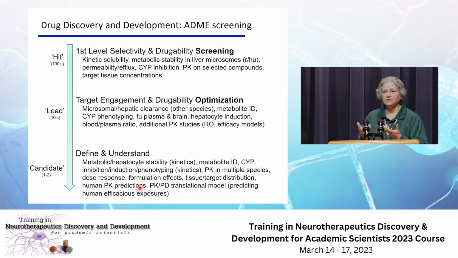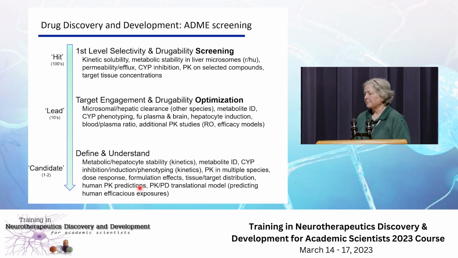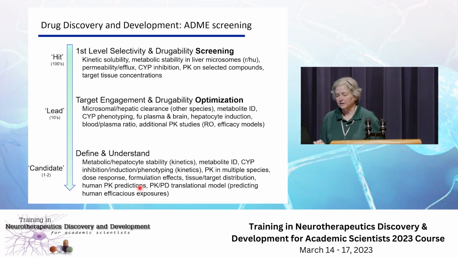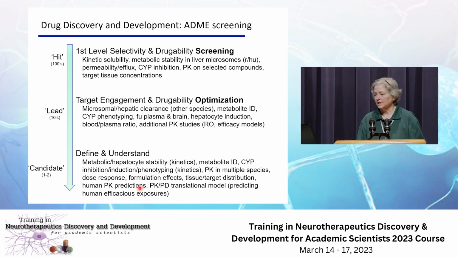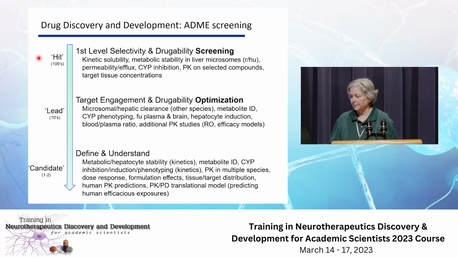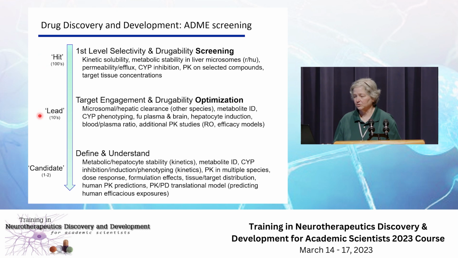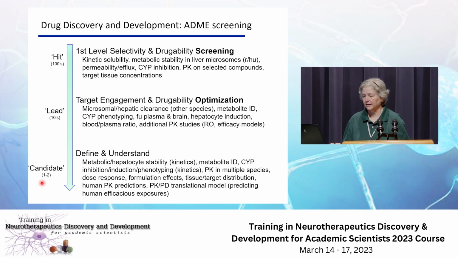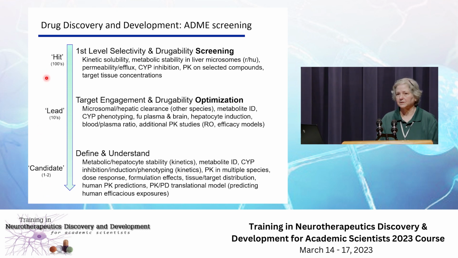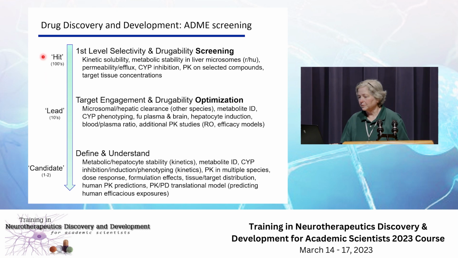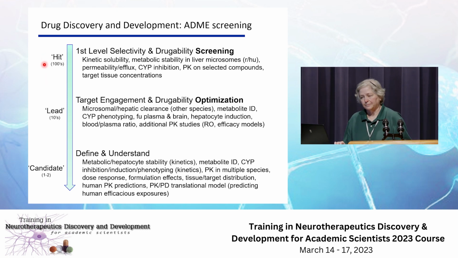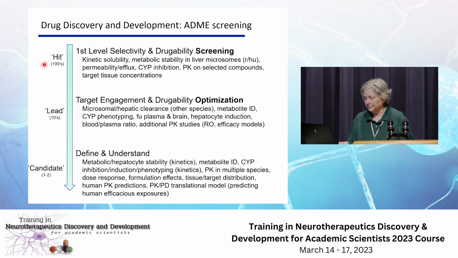So as was introduced in the previous session, we talk about hits, leads, and candidates. As you move from a large number of hits to a lesser number of leads and an even smaller number of candidates, there are different assays that you can do from a drug metabolism and pharmacokinetic point of view, building on similar profiles that Jim explained.